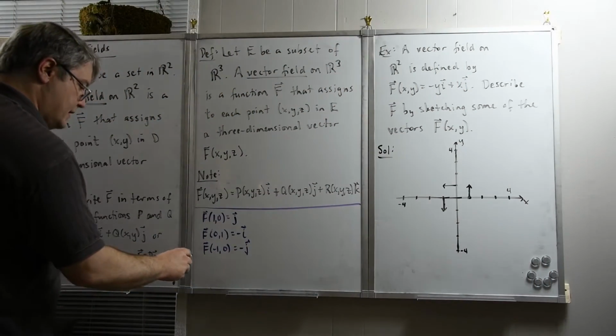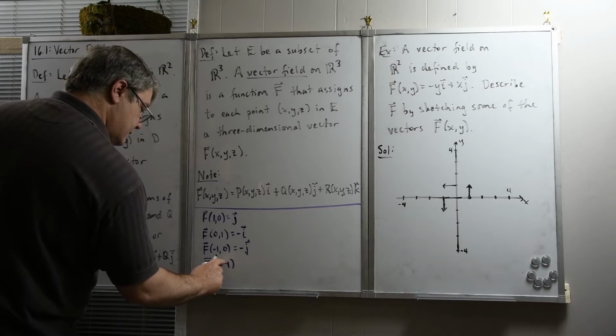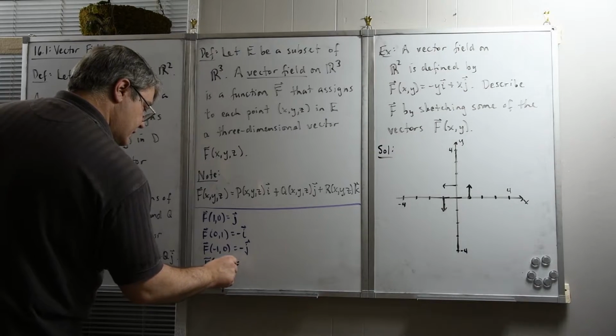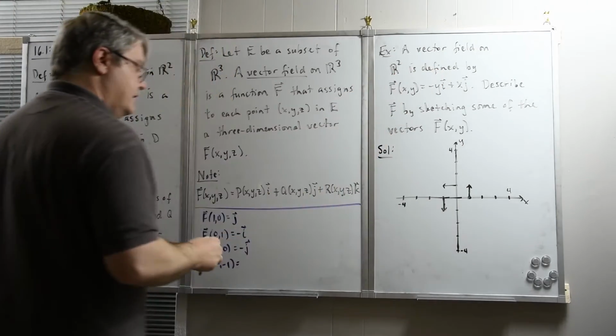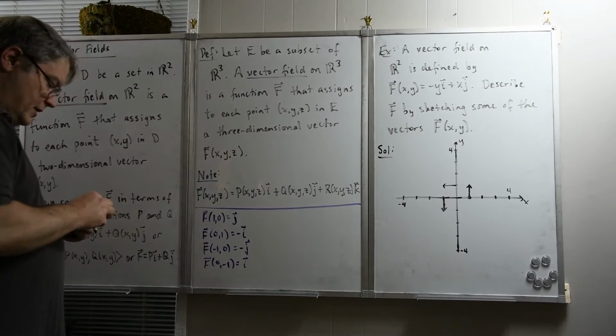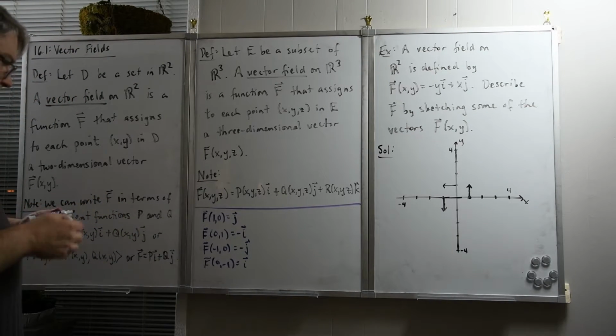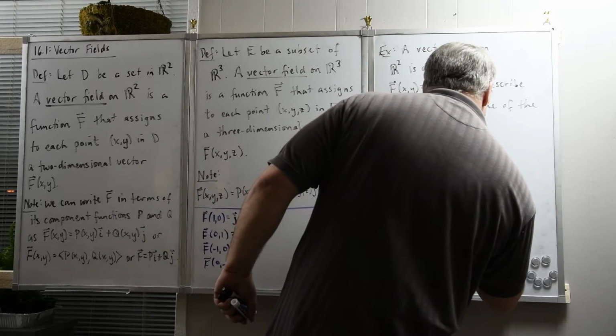And then if we take a look at f of 0, -1, then x is 0, y is -1. So you have -(-1)i, which is i, plus 0j. So this vector is i. Draw the vector so that the initial point is at 0, -1, and then draw i.